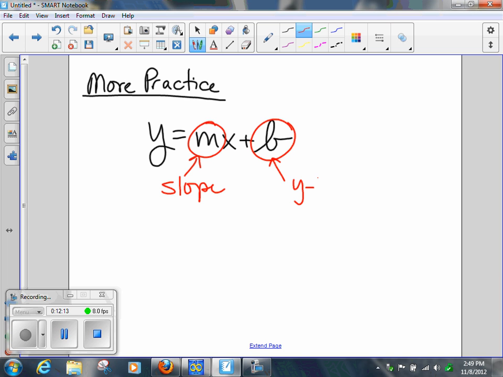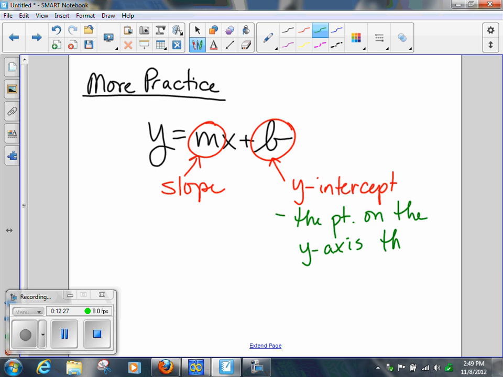What is the y-intercept? It's the point on the y-axis that the line crosses. It's where the line crosses the y-axis.